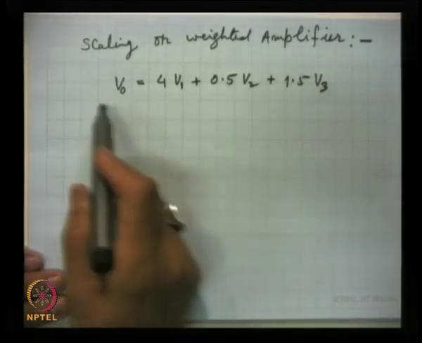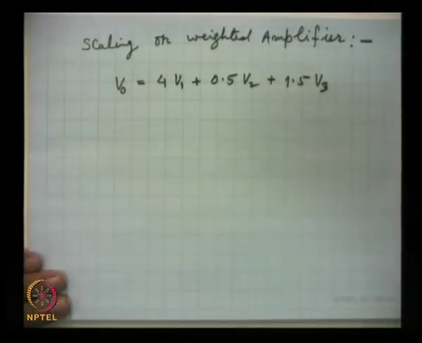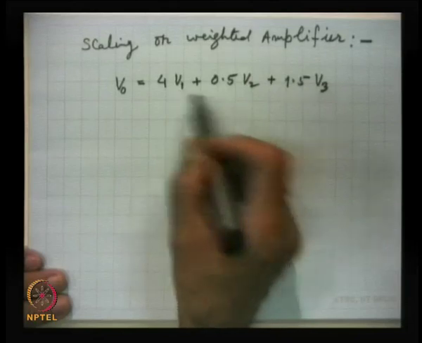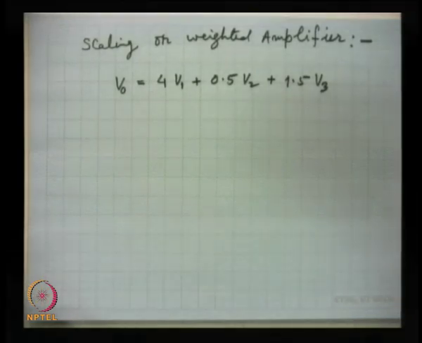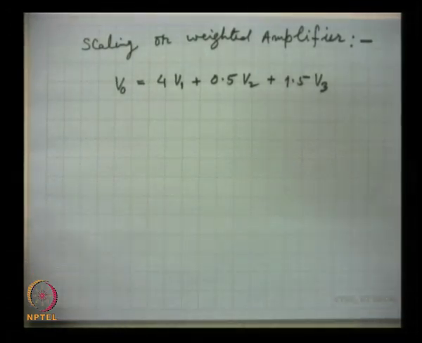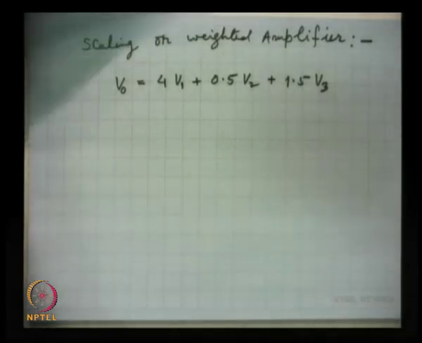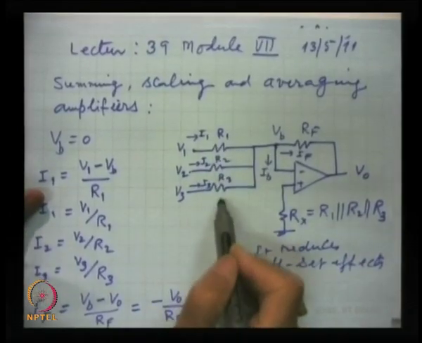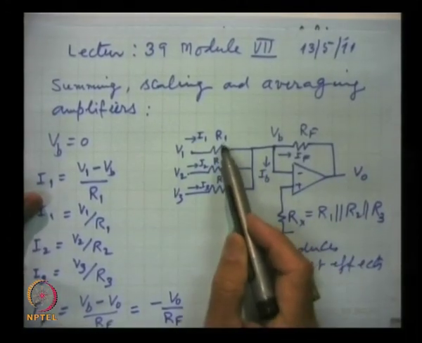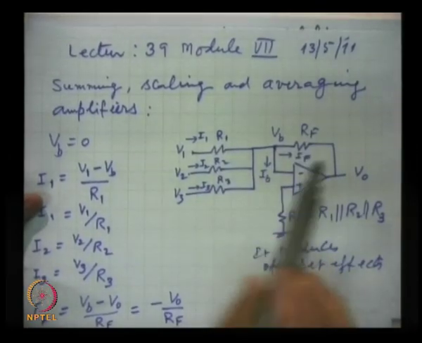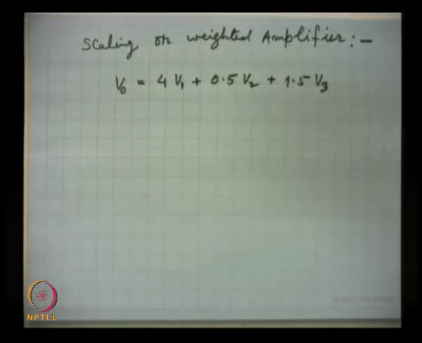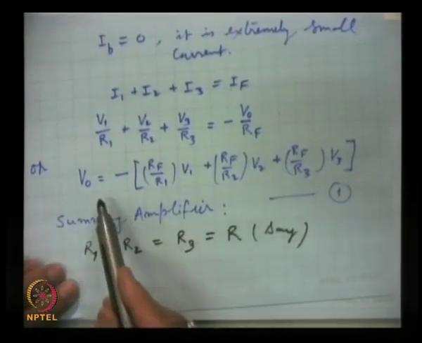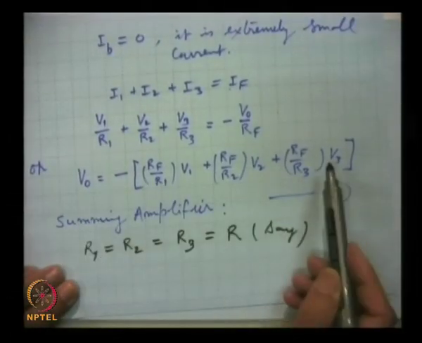The output should be according to this equation, where V1, V2, V3 are the inputs. Now here, same circuit and same fundamental equation, but here the values of R1, R2, R3 and Rf we have to choose differently, and we will take help of this basic equation.